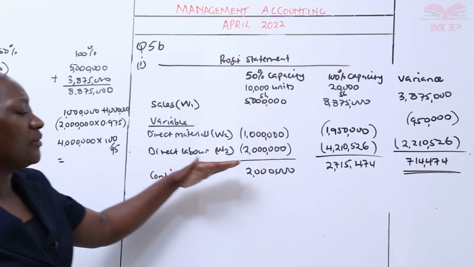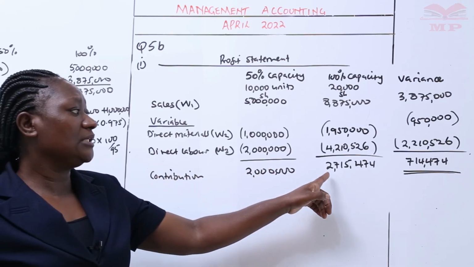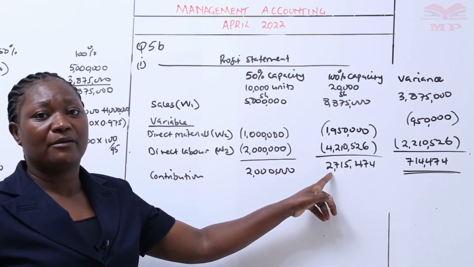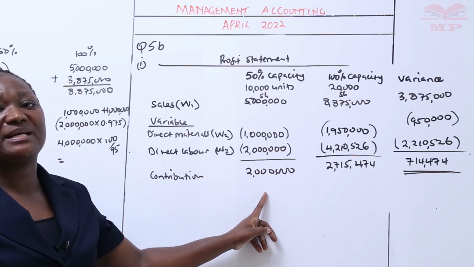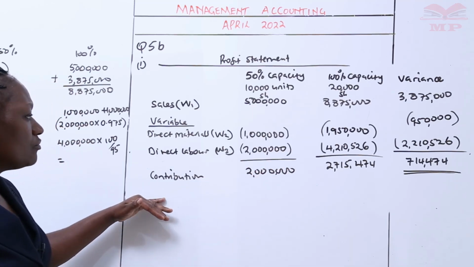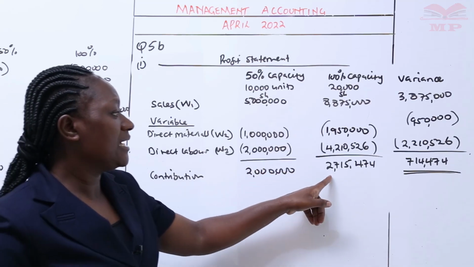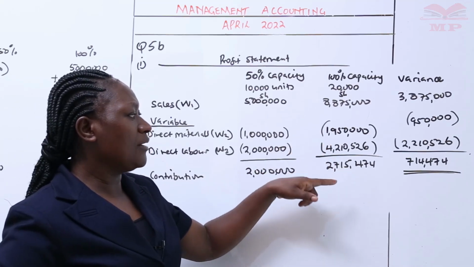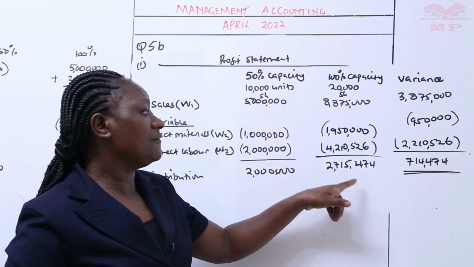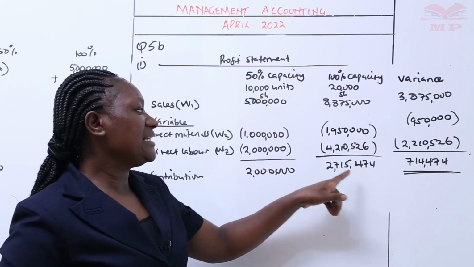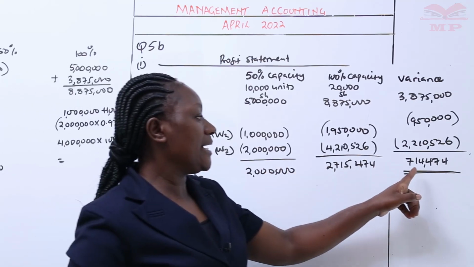So when we want to advise the firm, our intention is to see the effect of the 100% capacity on 50%. So we have a contribution of already 2 million, and it means that when a new order is accepted, it will contribute 2,715,474, which is increasing the existing contribution by 714,474.